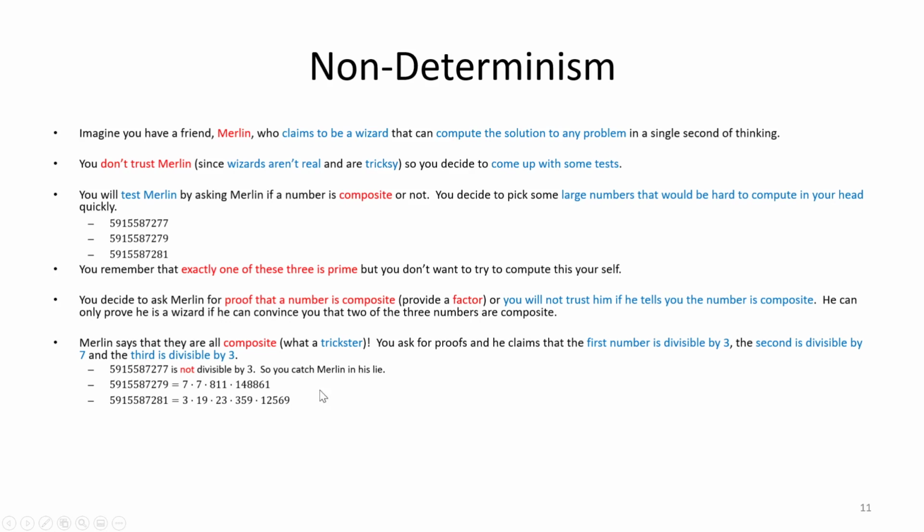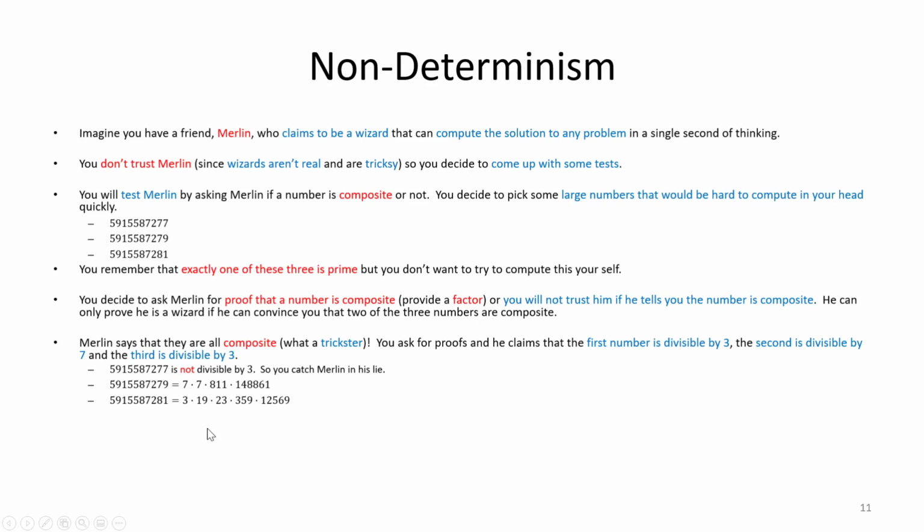But for the other two numbers, he gave us actual factors. The second one here, here's its prime factorization. It is divisible by 7. And the third one is indeed divisible by 3. There's its prime factorization there.